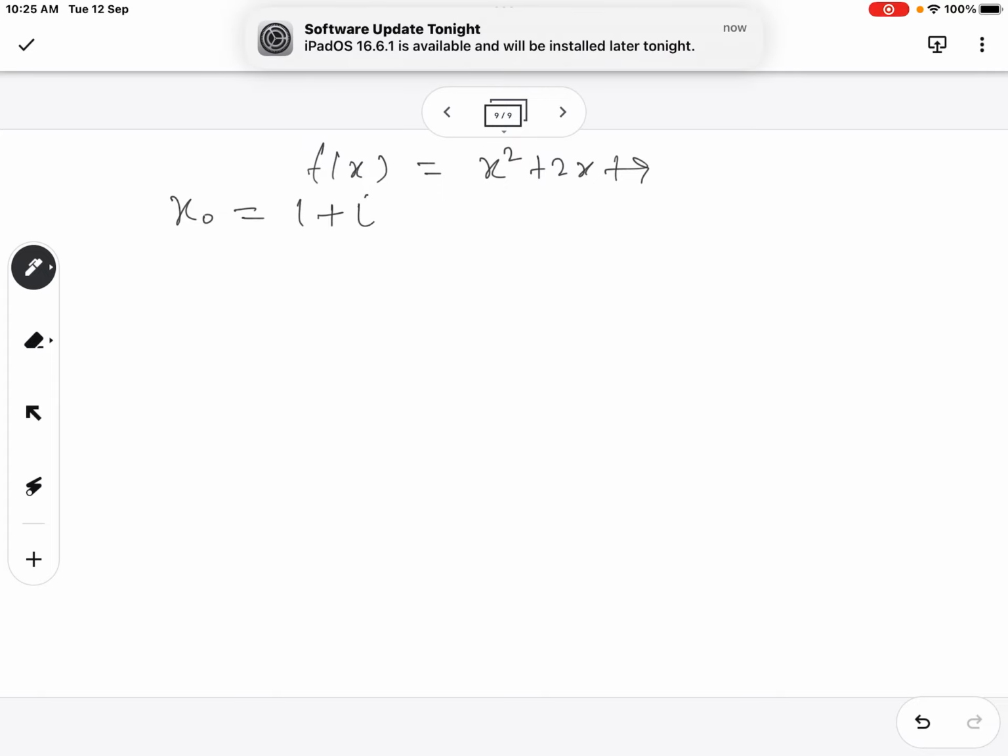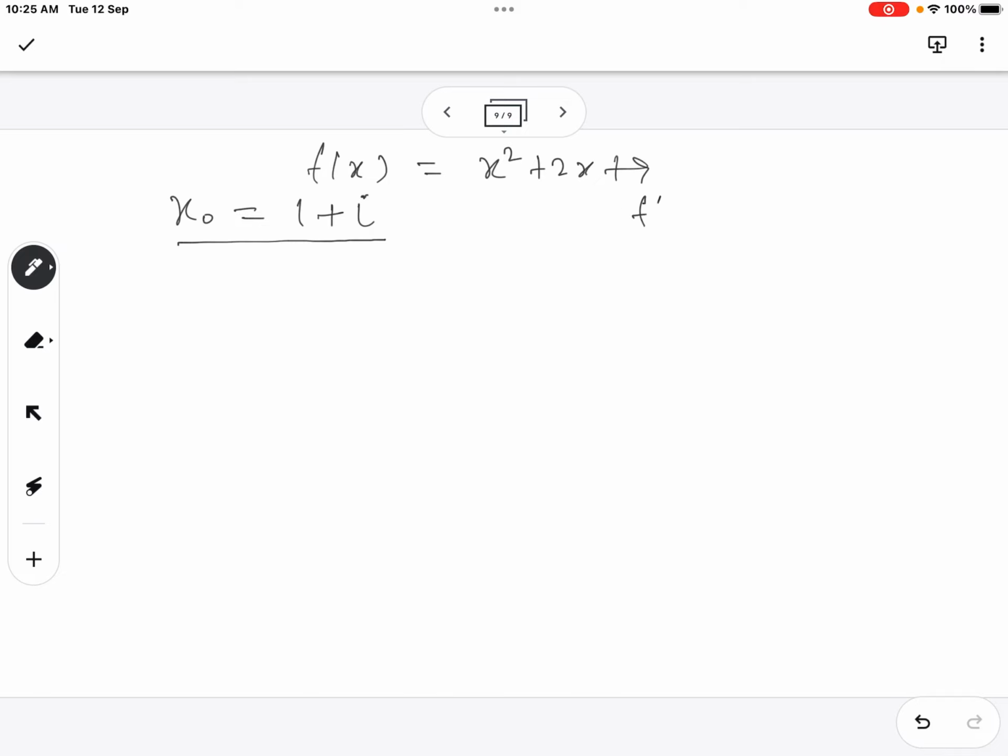If we start with a complex initial approximation, then the root which we are going to find out will also be complex in nature.